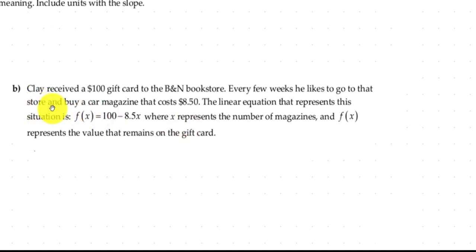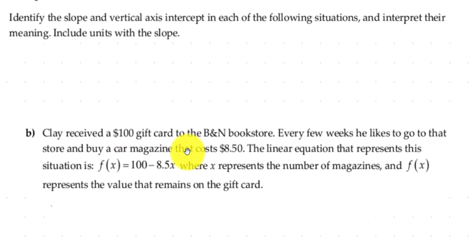In letter B, we see that Clay received a $100 gift card. Every few weeks, it looks like he goes to buy a magazine that costs $8.50. The linear equation represents this situation as f of x equals 100 minus 8.5x. So if he starts with $100, every time he buys a magazine, $8.50 is deducted from that $100.